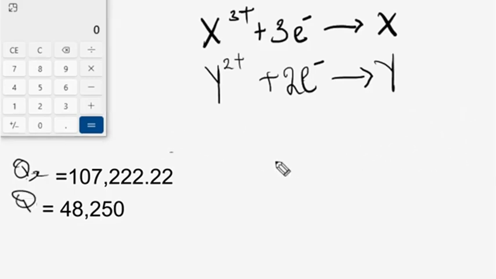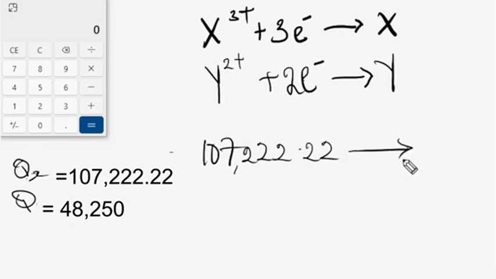So finally, since we already know the charge for X and the charge for Y, we're going to say if actually it takes this charge to discharge, it takes 20 naira for this charge. So how much will it take for the charge for Y? So it means that 107,222.22 requires 20 naira.